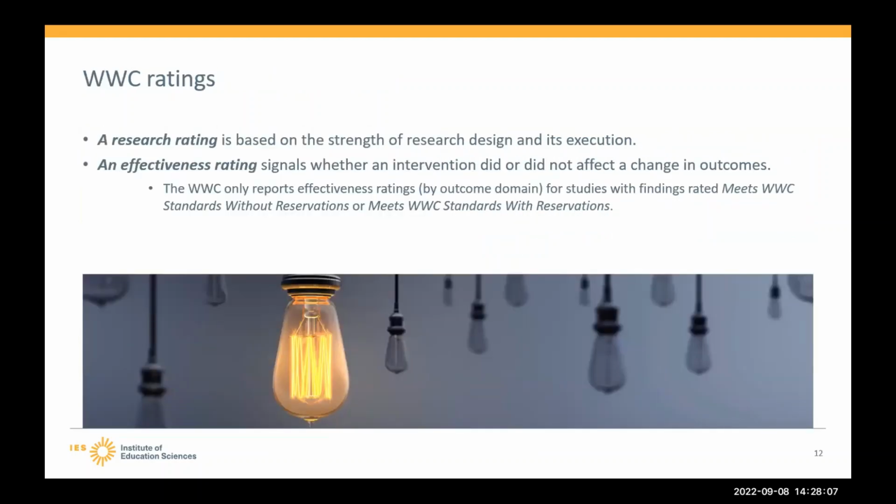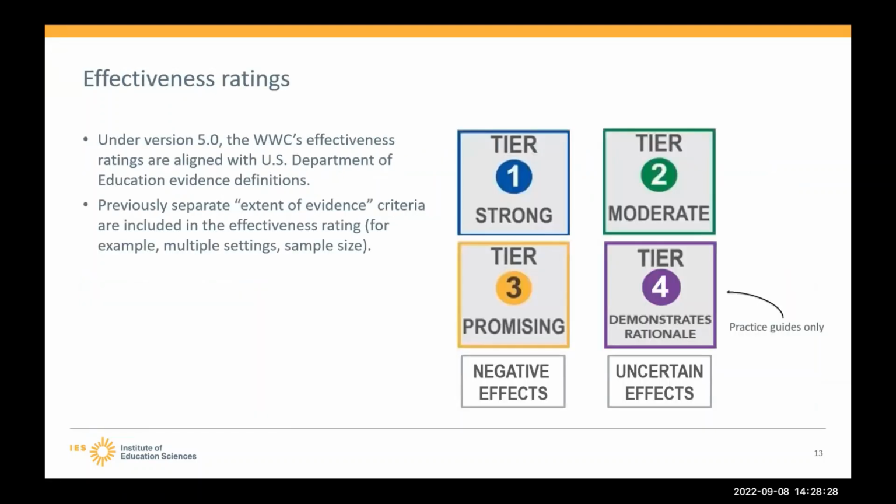Next, I want to highlight some things about the WWC's ratings. The overarching message is that the WWC's ratings have been streamlined. For example, there used to be multiple pathways to obtaining the old positive effects rating, but now there is only one path to the analogous rating. And the WWC aligned its effectiveness ratings with the Department of Education's evidence tiers.